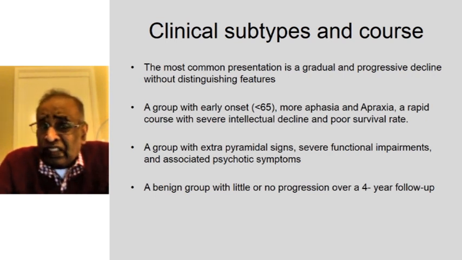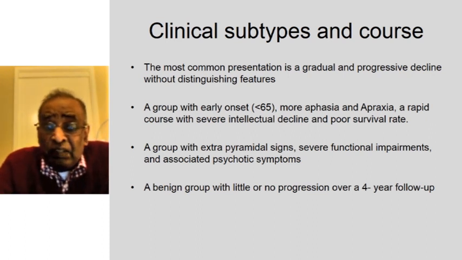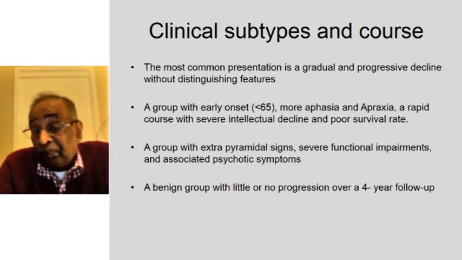A group with early onset, before 65, show more aphasia and apraxia, a rapid course with severe intellectual decline and poor survival rate. A group with extrapyramidal signs with severe functional impairments are associated with psychotic symptoms. A benign group with little or no progression over 4-year follow-up has also been noted.